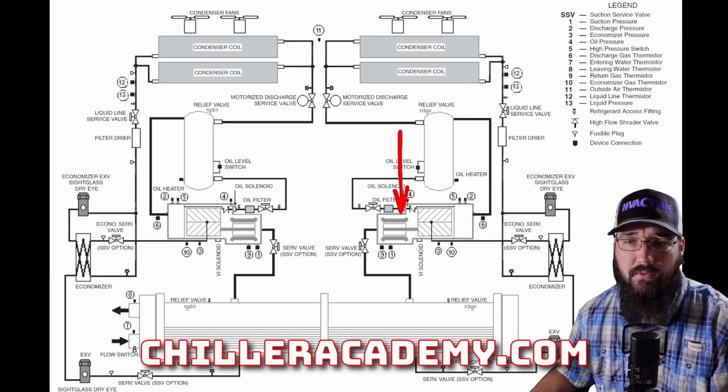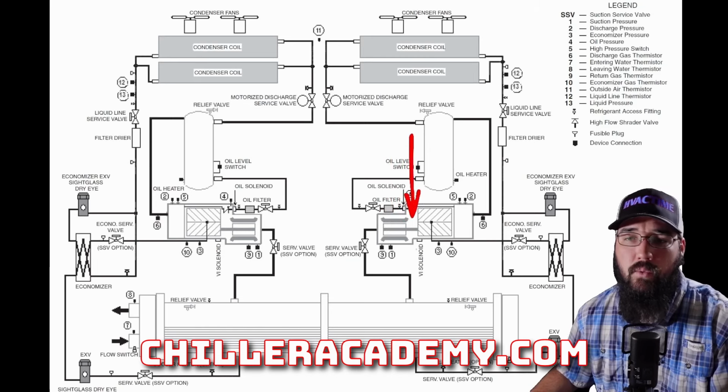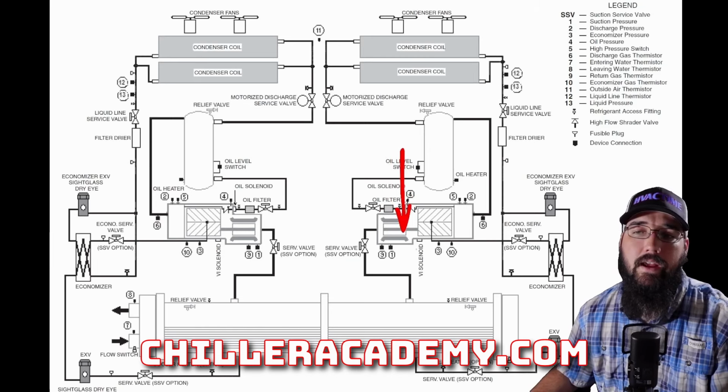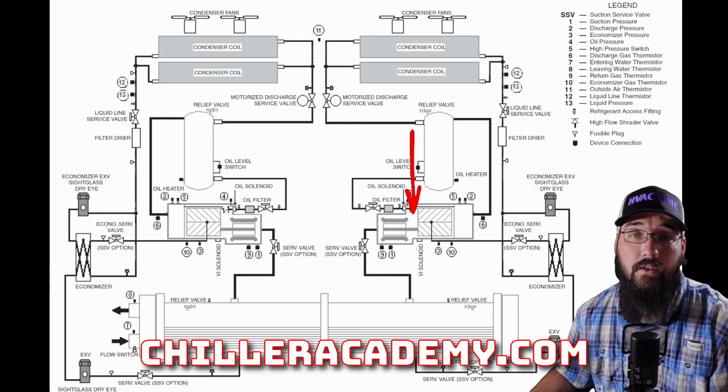This particular one's a variable speed. It doesn't matter. We've already talked about variable versus slide. Either way, we're going to start at a fully unloaded state, whatever that means. And the compressor is going to slowly ramp up, just that first compressor.